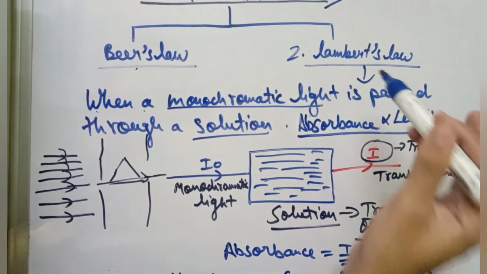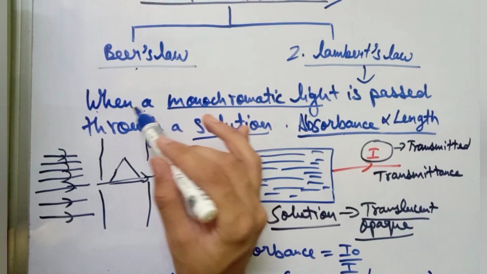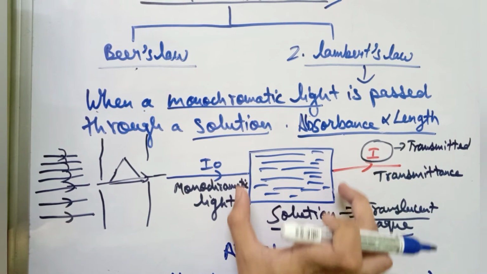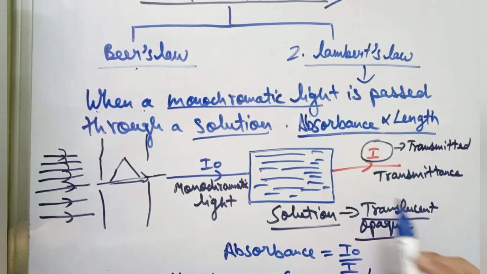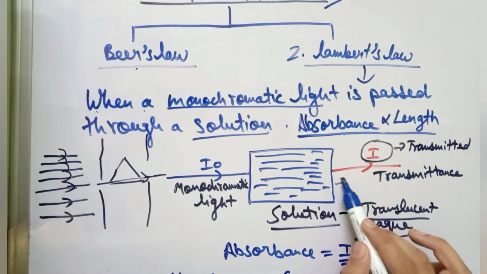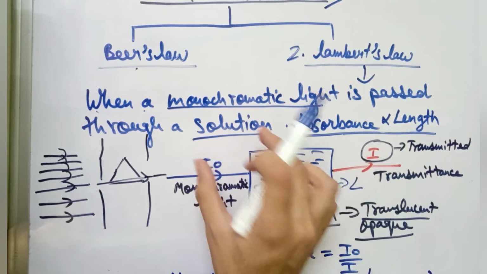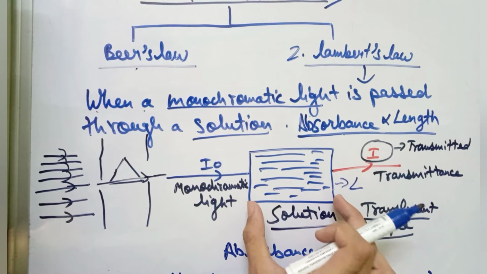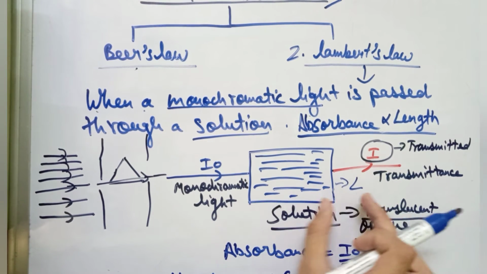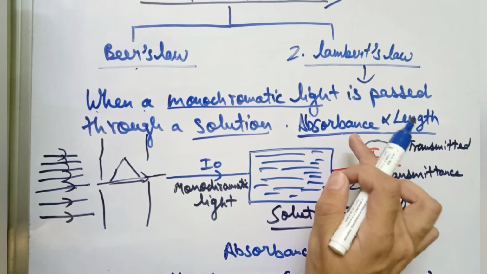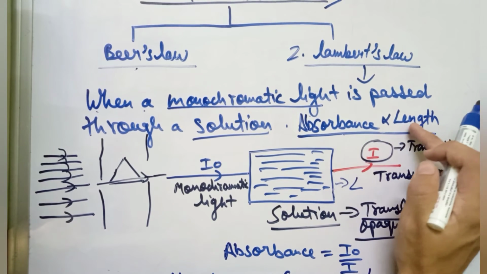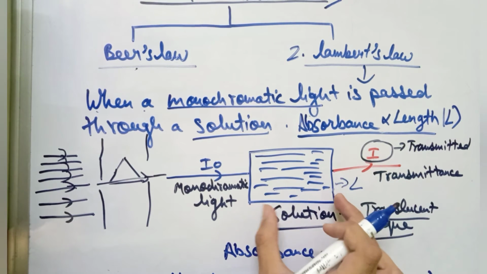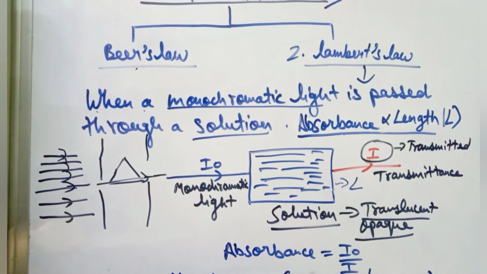Now, Lambert's law says that when a monochromatic light is passed through a solution which is kept in a medium of a certain length, let's take the length as L, the absorbance or the light absorbed by this solution will be directly proportional to the length L of the medium in which the solution is present.